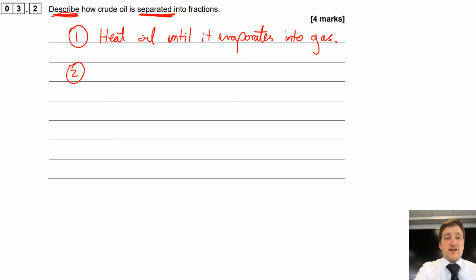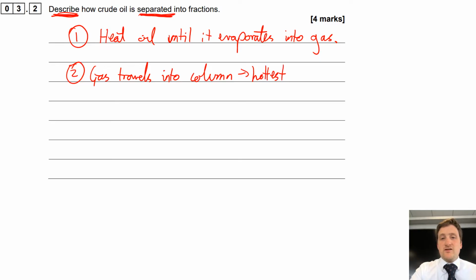Well, the gas travels into the column. But what is special about this column? Well, the special thing about the column is it's hottest at the bottom, and it goes cooler as you go up.